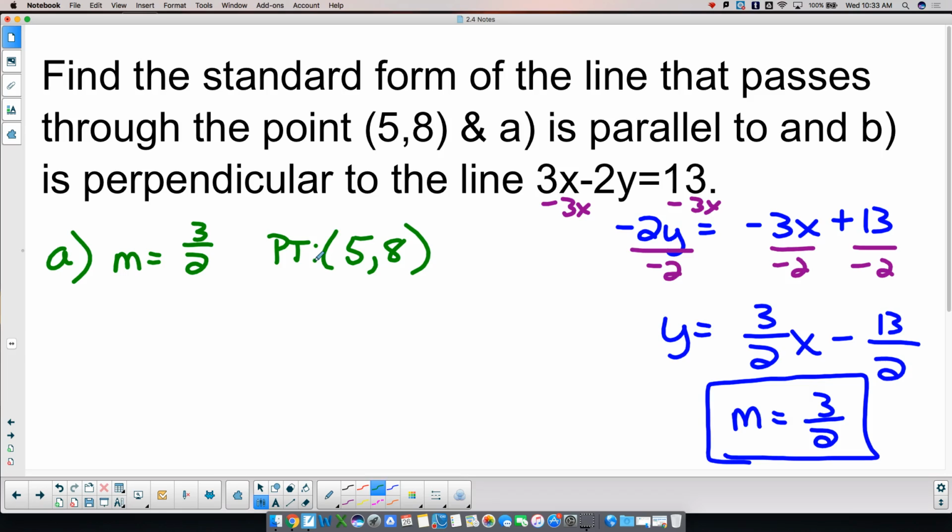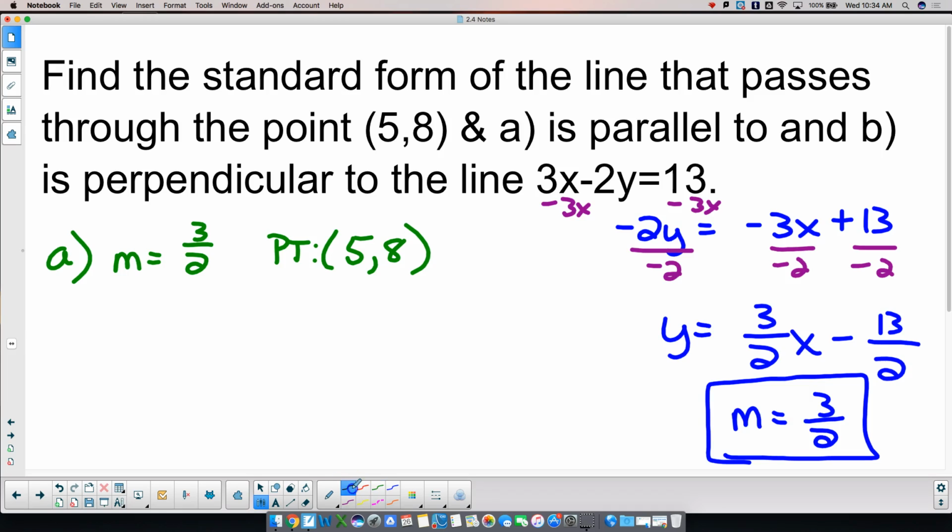We're going to use point slope form, right? Your go-to tool, the tool that you grab first, is the point slope form, especially when you're given a point and you're given the slope.